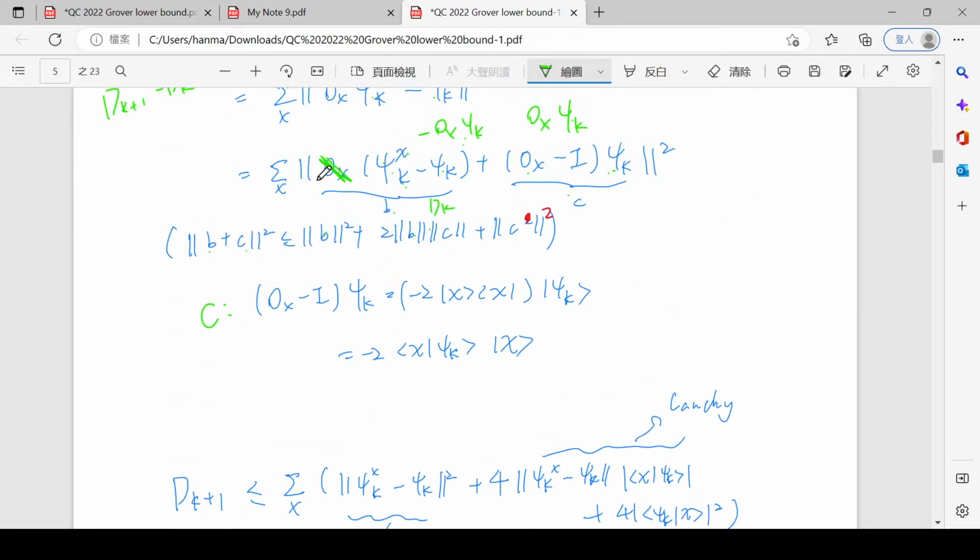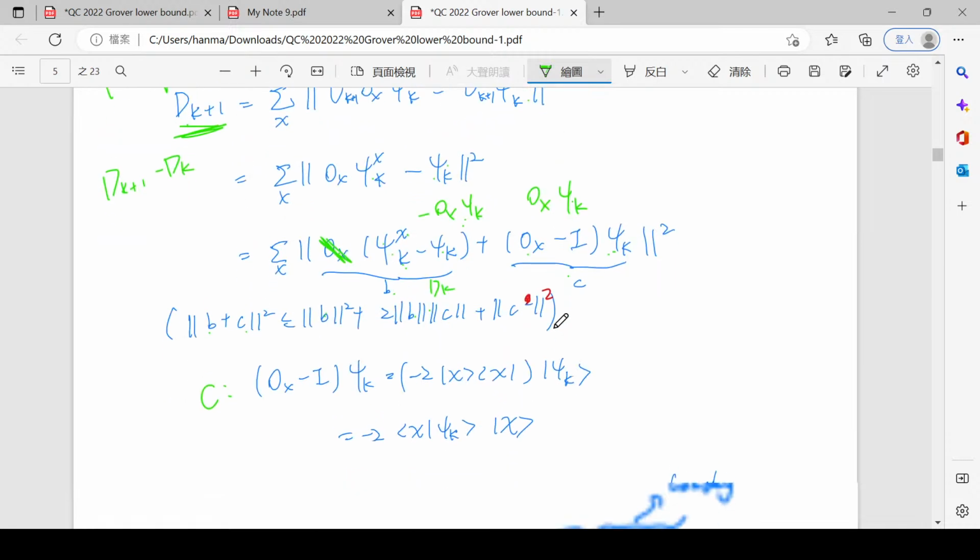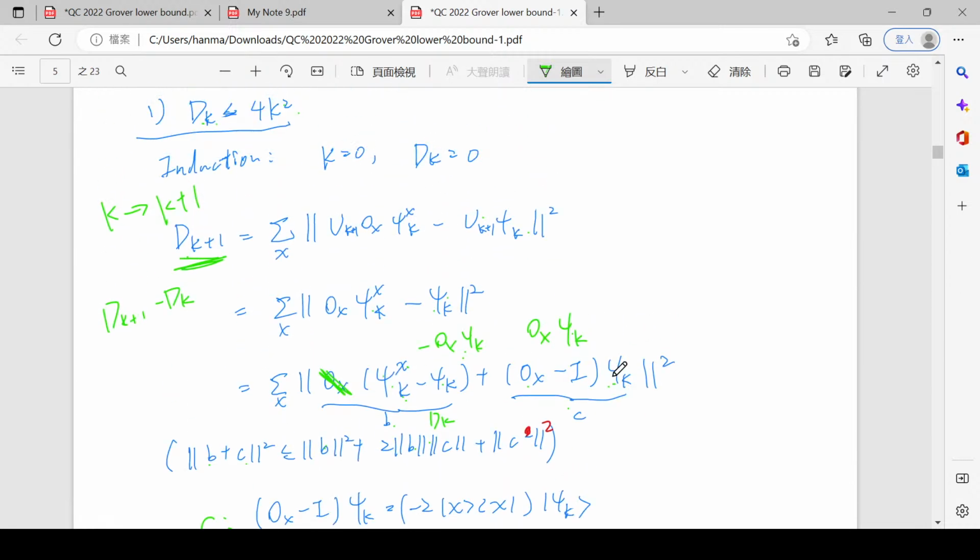We want to make our dependence on X as little as possible. The less dependence on X, the better. So we kind of transfer this OX from multiplying psi X to multiplying psi k, and that makes things easier.